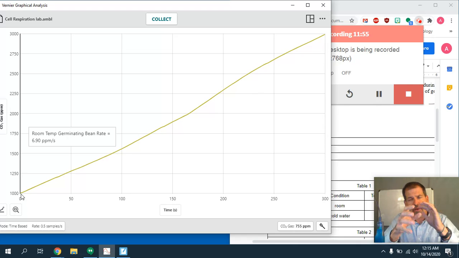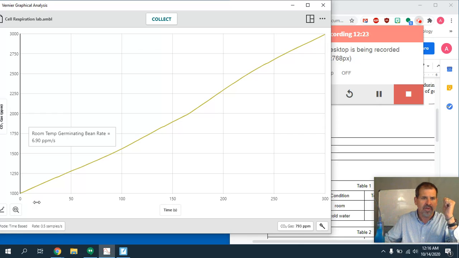So how are we measuring how fast this reaction is happening? Well, we're using a CO2 sensor, so we're measuring the amount of CO2. In that chemical reaction, if a product is being increased, that means the reaction is happening and the reactants are being converted into products. The more product that is made, the faster that reaction is happening.